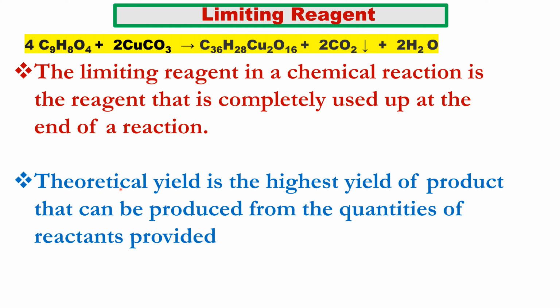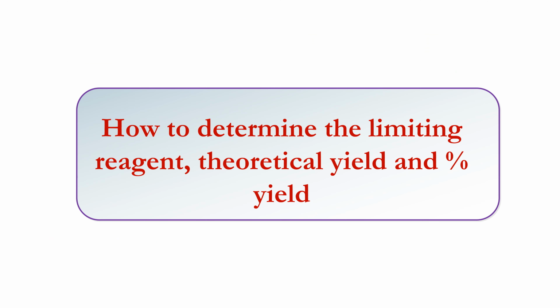So, this is what limiting reagent and theoretical yield are all about. So we now learn how to determine the limiting reagent, how to calculate theoretical yield, and percentage yield.